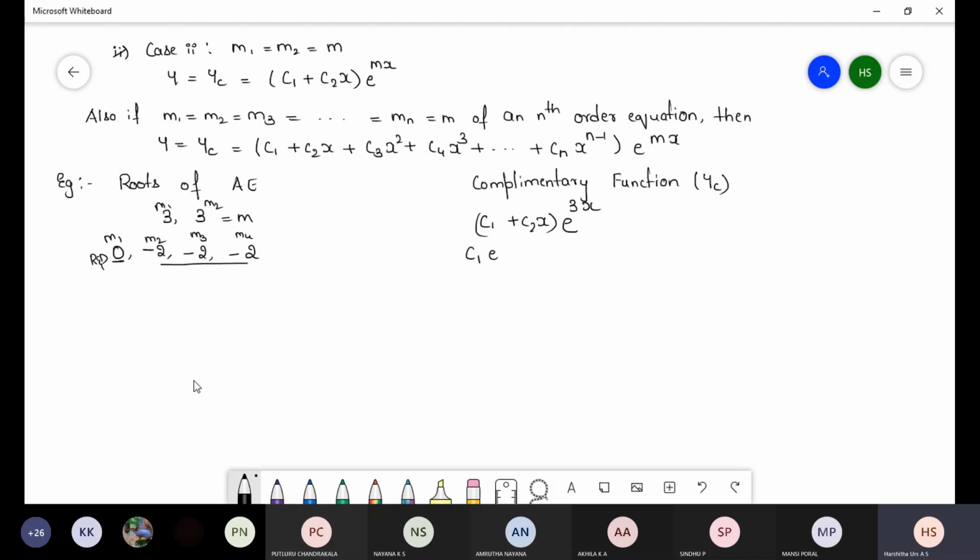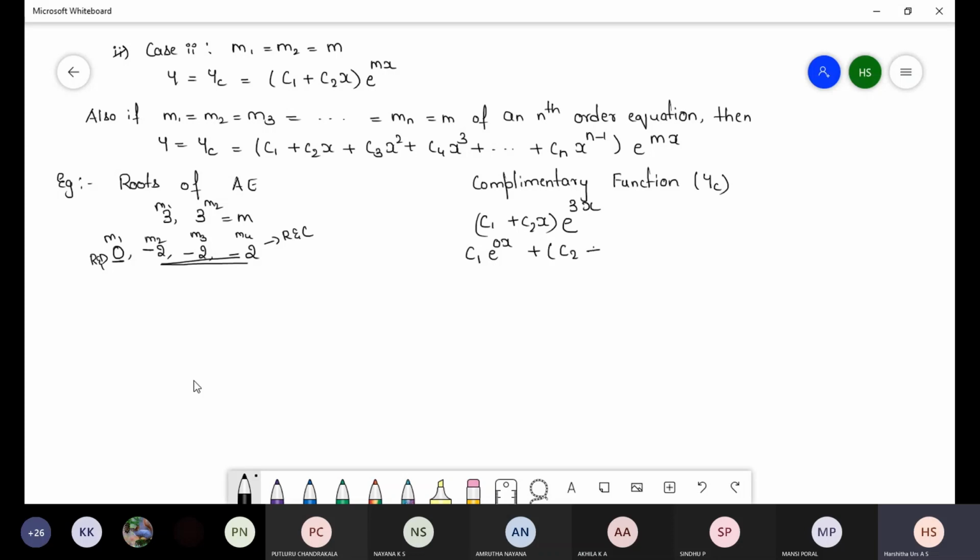That is C1 e power m1, which means 0x, plus. These three are real and coincident. So we have to use the case 2 formula. Already we have written C1, so let us start with C2.